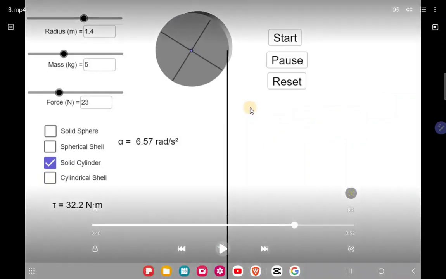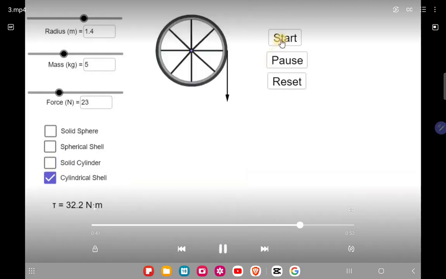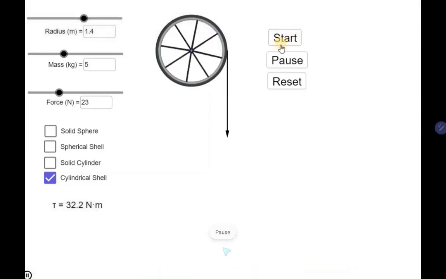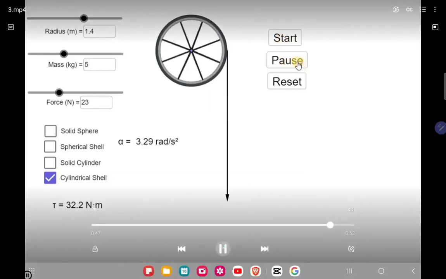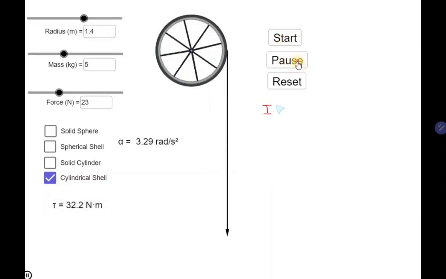Now let's change the pulley into a cylindrical shell pulley. The moment of inertia for a cylindrical shell is equal to m r square.